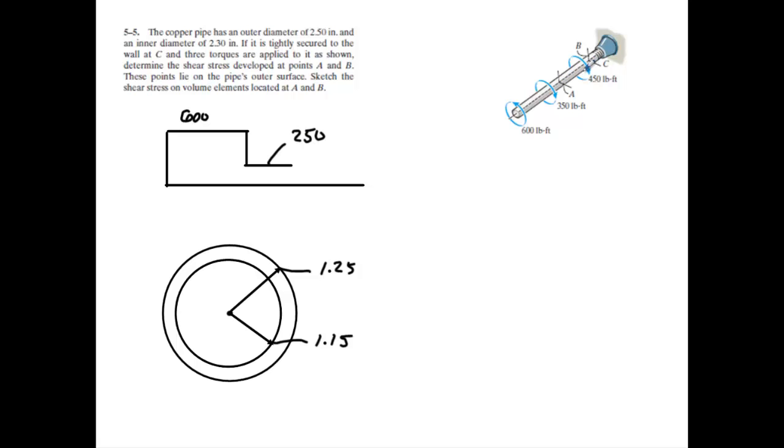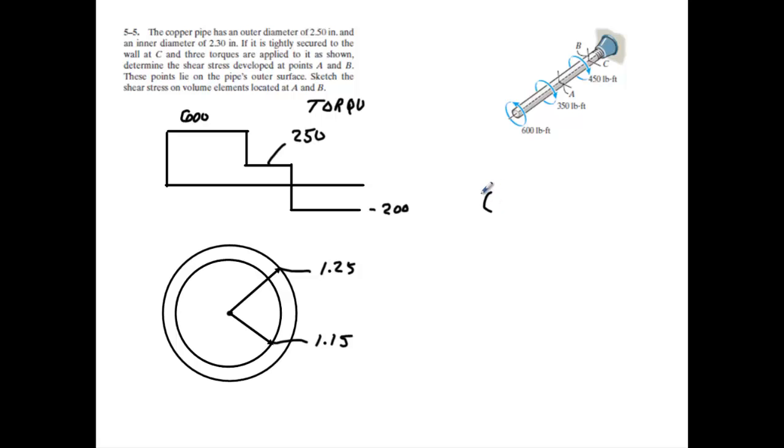Now when you get here, 450 is going the same way as 350, so we subtract another 450. 250 minus 450 gives me negative 200. So this is just a torque schematic of what's taking place on this shaft from this end all the way down to C.